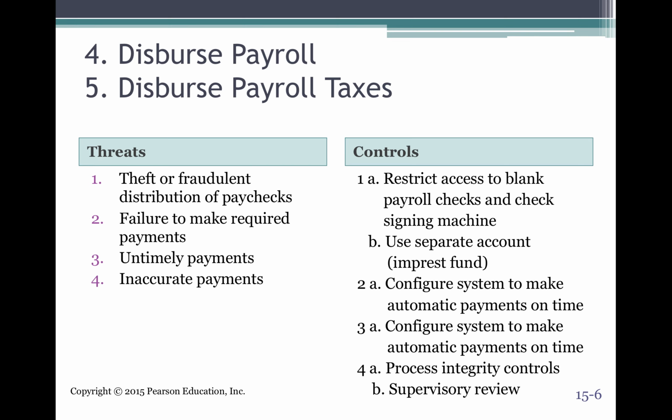Third threat, untimely payments. So we want to configure the system to make those automatic payments on time. So failure to make required payments, we want to make those on time. And so we have maybe a set time that I can program my machine or QuickBooks or program that I'm using.